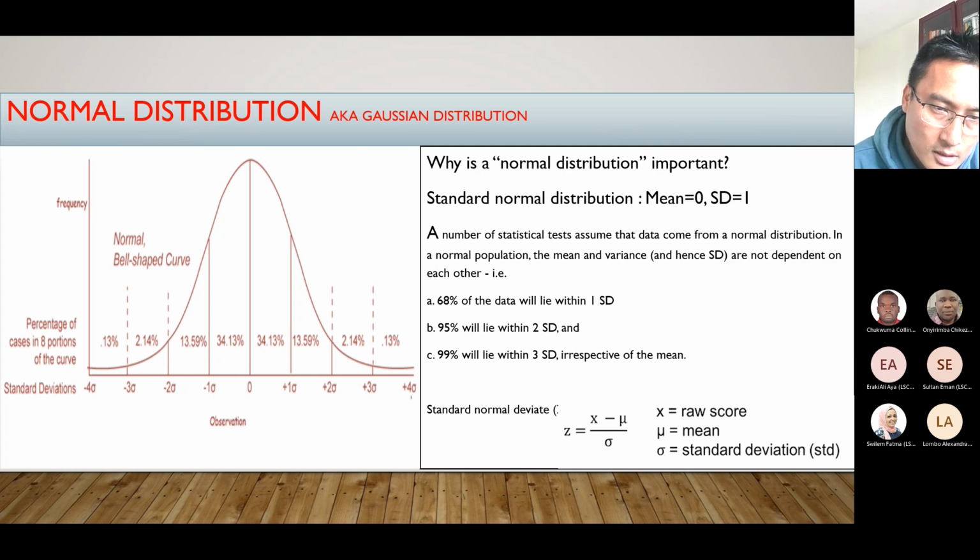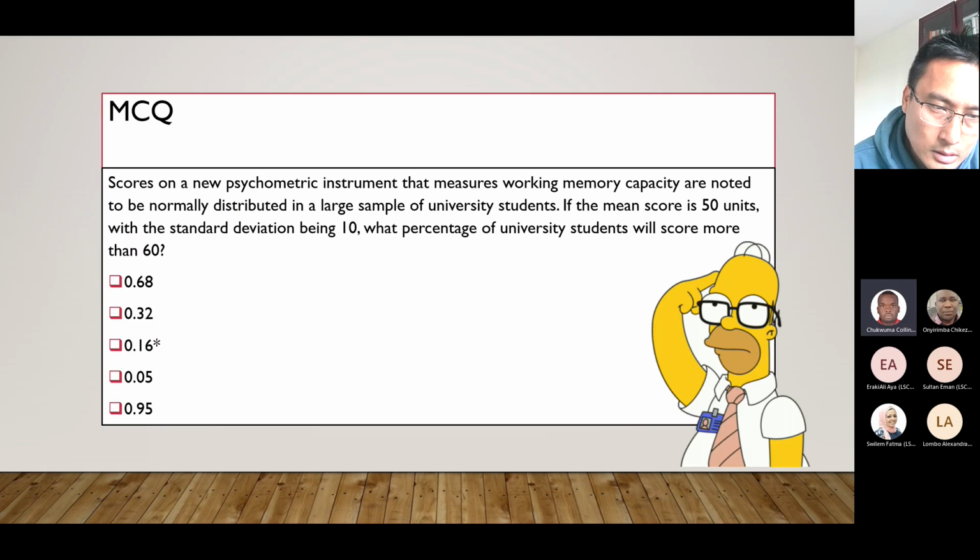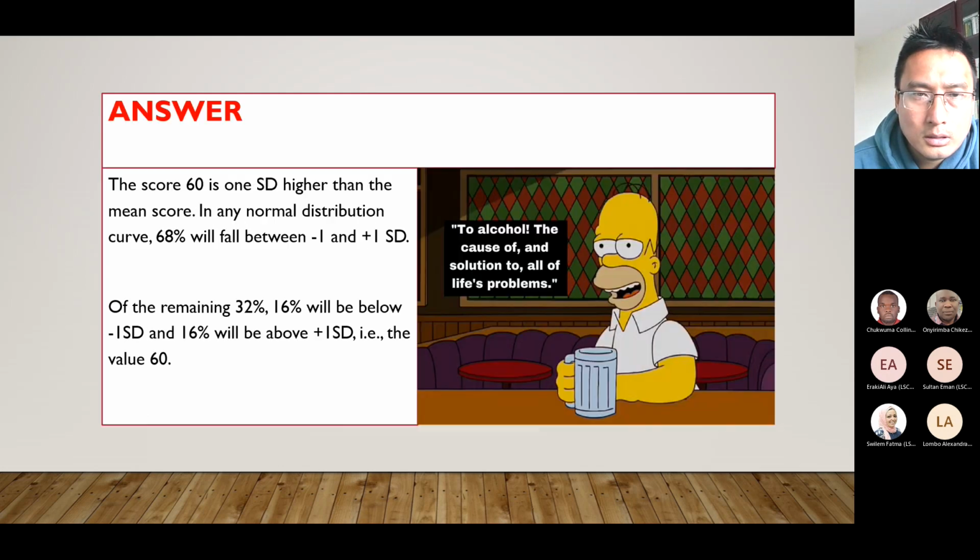Do you agree with that? Yes, half. So they are asking how much of it follows above this one. So what should be the answer? The 16 is 0.16. So is this clear to everyone?